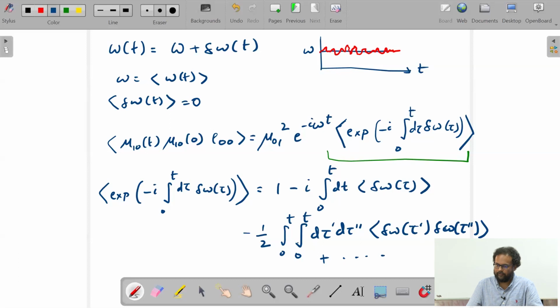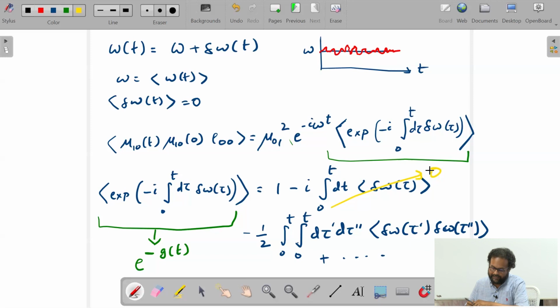Remember, going back, whatever I highlighted in this green here is your damping term at the end of the day because of bath interactions. So this has to be equated to some form of e power minus g of t, where g of t is telling you the functional form of your damping. This is the oscillating part and this is the damping part. So it has to be of the form e power minus g of t.